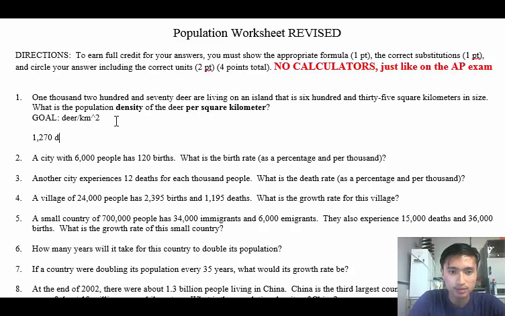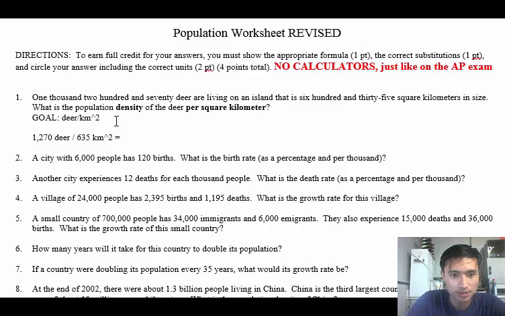1,270 deer, and they're on an island of 635 square kilometers. So again, I'm typing this out, but you guys will be writing this out, and you could write it on a separate sheet of notebook paper.